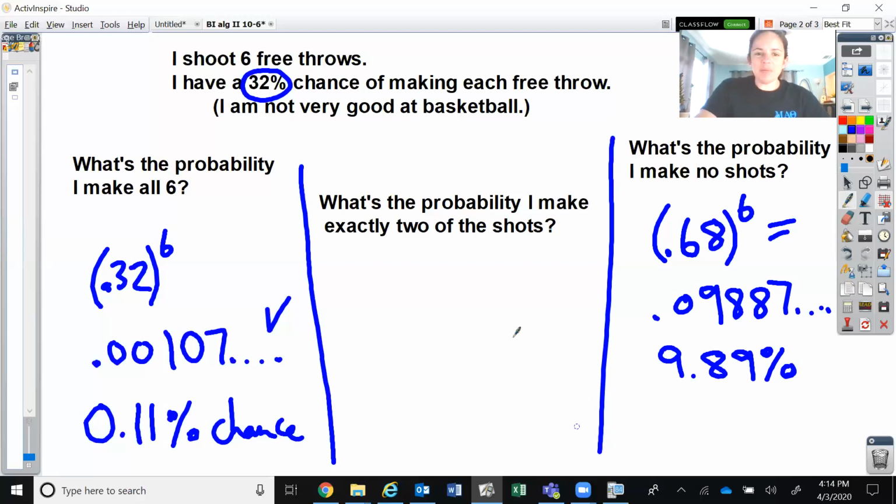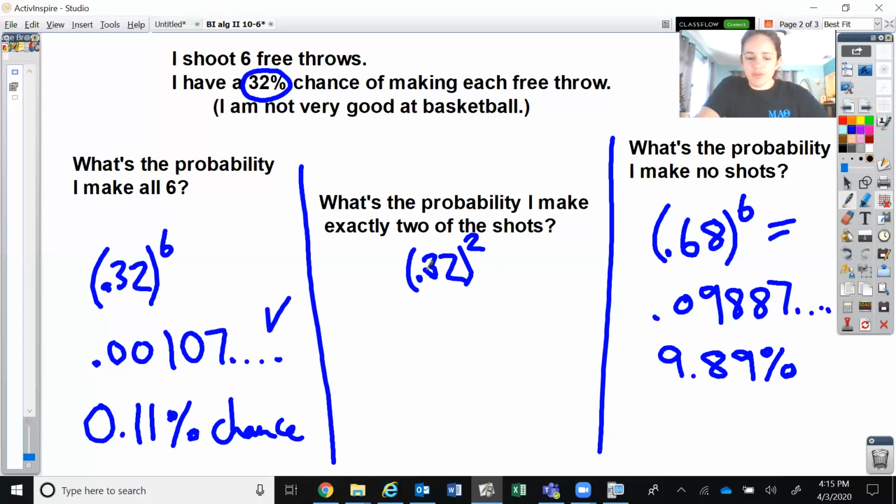However, what's the probability that I would make 2 out of the 6 shots? So for this probability, I would say, okay, well, that means I need to make 2 of them. So I have a 0.32 chance of making the first, and then I have another 0.32 chance that I would have to multiply for the second one.